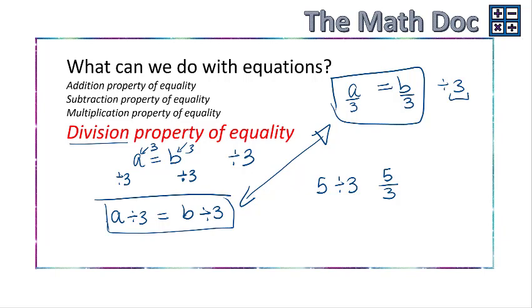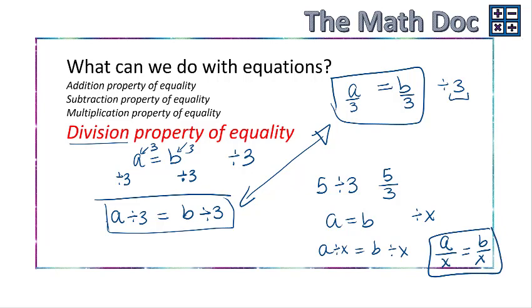So if we want to divide A equals B by some variable x, we can write it as A divided by x equals B divided by x, or more simply, A over x as a fraction equals B over x as a fraction.